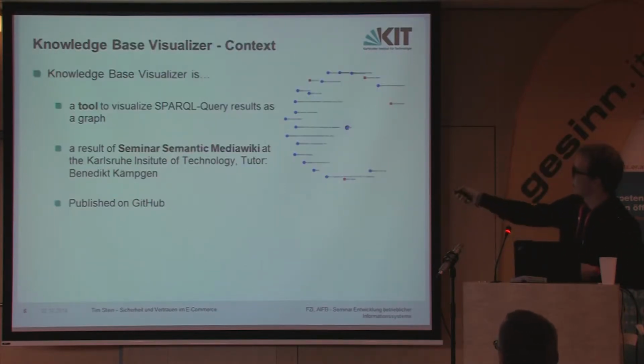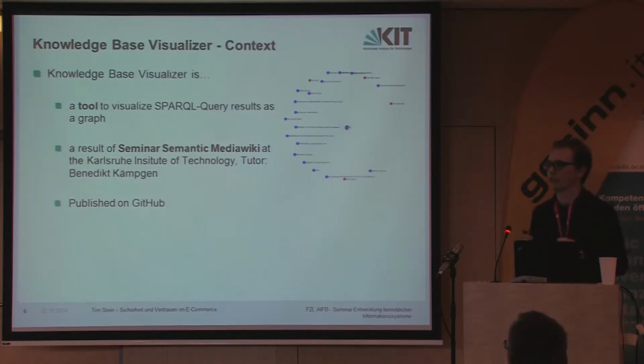You see right here an example. We can say, okay, this node should be red, and this one is blue, and you can do all of this with SPARQL. You don't have to do anything hard-coded. It's all very flexible.